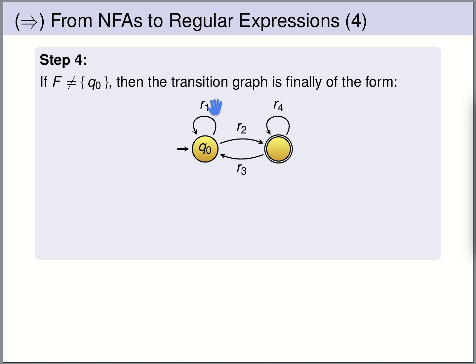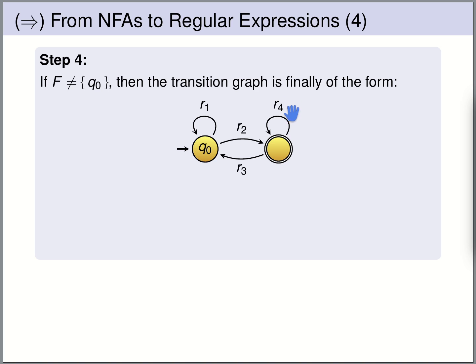Now we refer to the labels of these transitions. These are regular expression labels. R1 is the regular expression that is the label of the loop on the starting state. R2 is the regular expression on the transition from the starting to the final state. R3 is the regular expression on the transition back to the starting state.